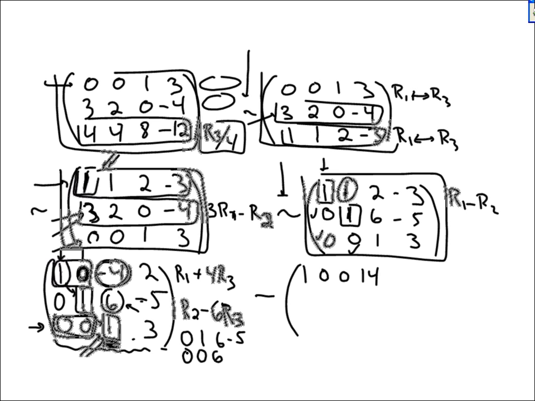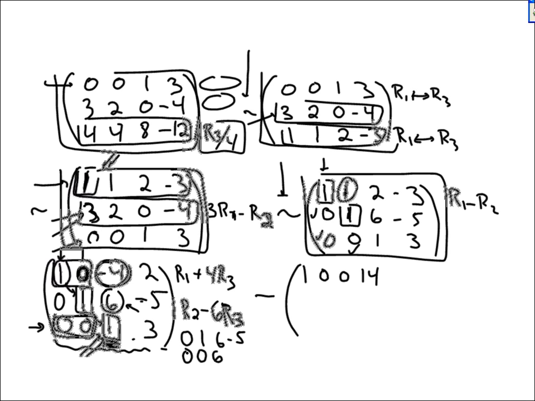On to matrix 6. The third row I did not change. 1, 0, 0, 14. First row of the last matrix is right.